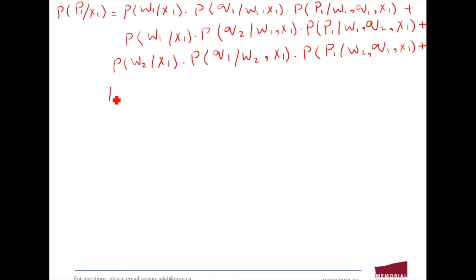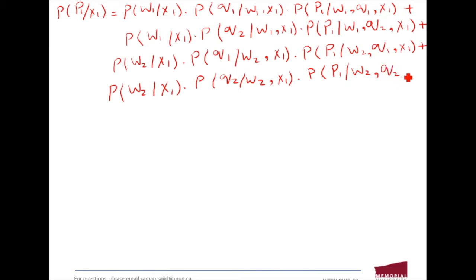This should be your probability of W2 given X1, times the probability of Q2 given W2 and X1, times the probability of P1 given W2, Q2 and X1.